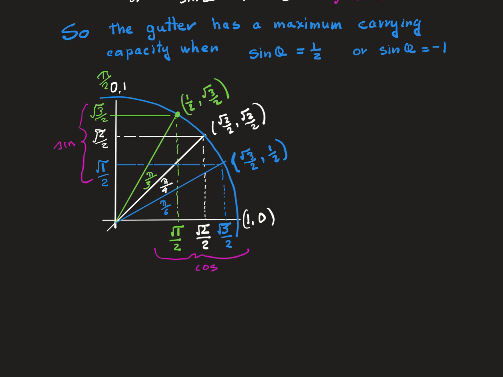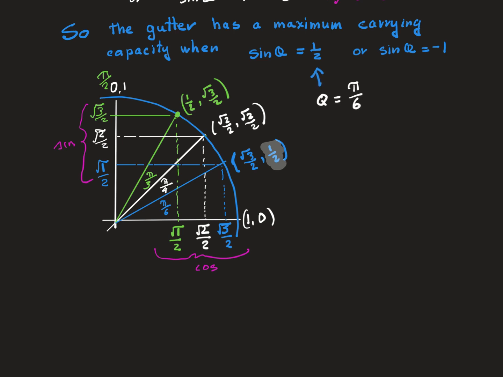So when we're talking about sine theta being a half, the only time that you can get sine theta as a half is here. And that means that theta must be pi on 6. So for this example over here, theta must be pi on 6.